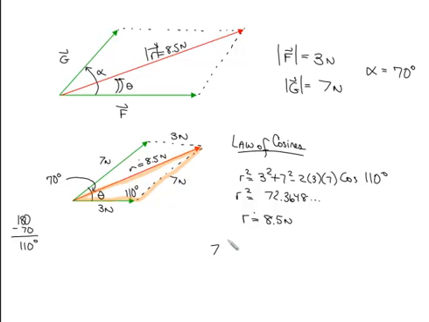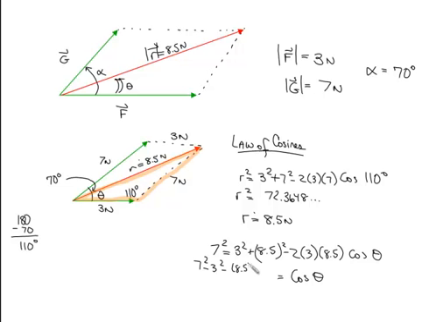But to stick with what I told you guys before, it's safer to use law of cosines again. So I'm going to do 7 squared equals 3 squared plus 8.5 squared minus 2 times 3 times 8.5 times cosine of theta. So cosine of theta is going to be 7 squared minus 3 squared minus 8.5 squared over negative 2 times 3 times 8.5.